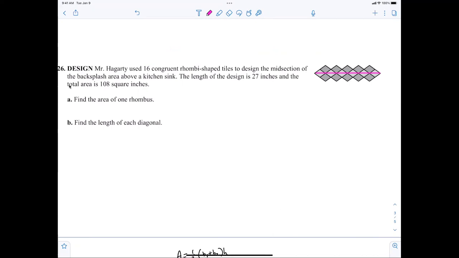How many tiles are there? And the total area of all the tiles is what? So then each tile would have an area of, man, you guys are slow today. With calculators, it's taking you this long.